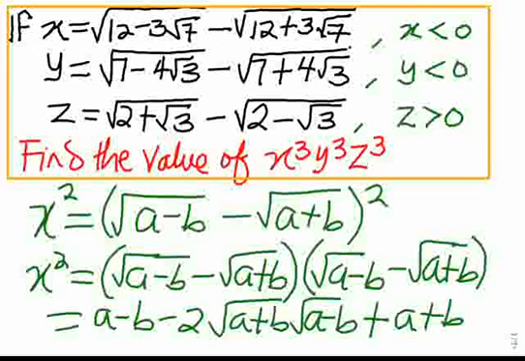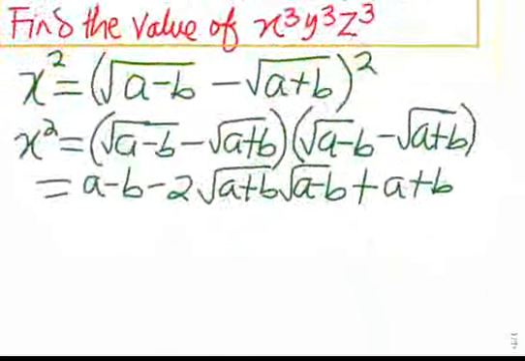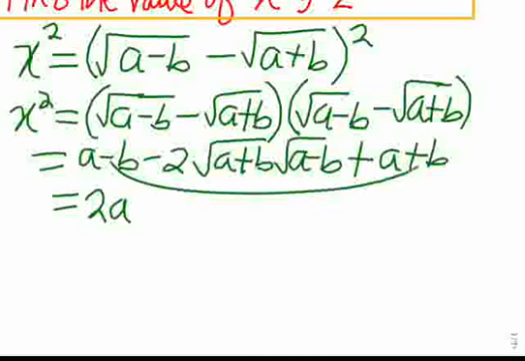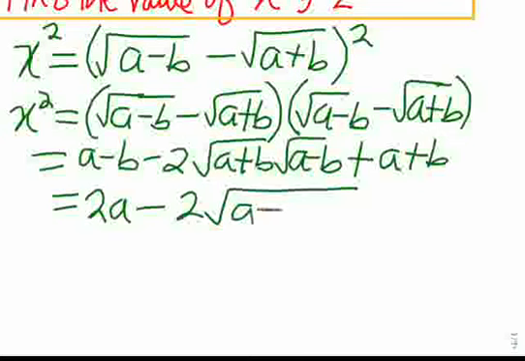So looking at the expression we have obtained, there are some like terms we can cancel out. So the value for x squared is a plus a, which is 2a, minus b plus b, which is 0. So I simply bring down the minus 2 into root a plus b, root a minus b.